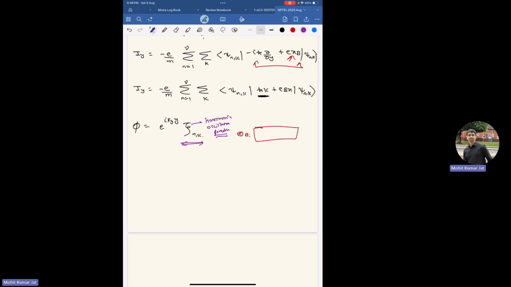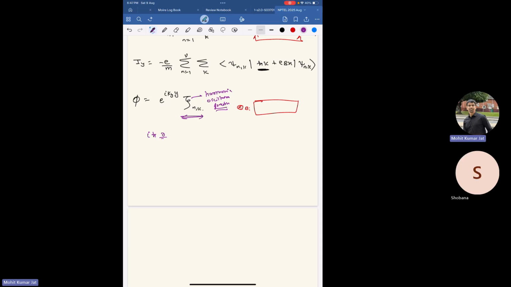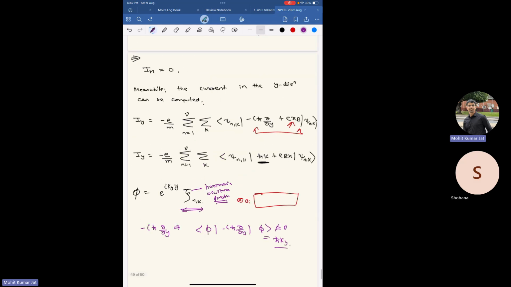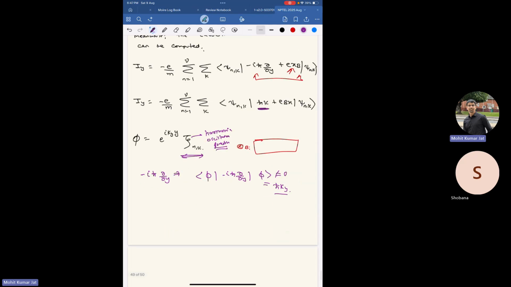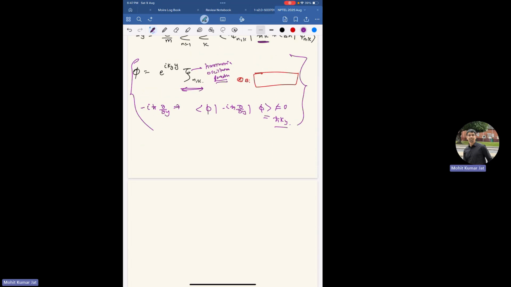But if you are taking i h bar del by del y, then the expectation value of phi, minus i h bar del by del y, phi, will not be equal to 0 and will equal h bar ky. That's why this term h bar k comes here. It's h bar ky essentially. This is just additional information.